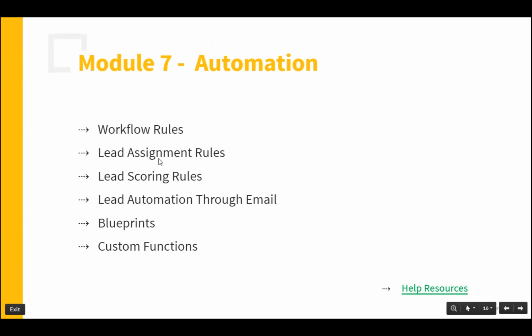As discussed initially in part 1 or module 1, on what territory management was and how you set up users and the hierarchy, in the same way the lead assignment rule would take place, where a manager decides to assign the rule based on that individual's requirement as a user.